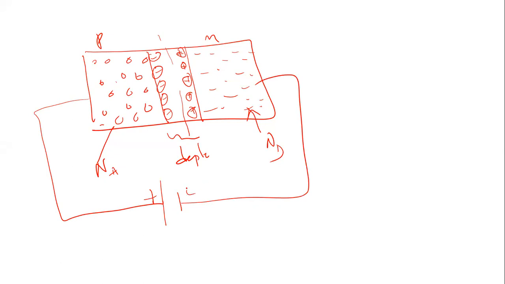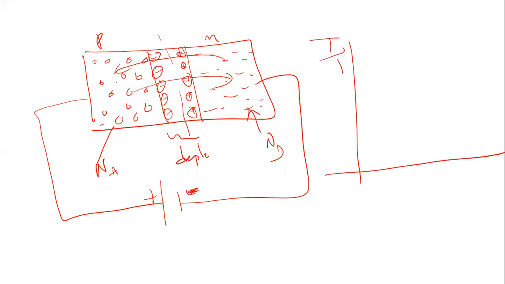Electrons from the N side will gain energy from the negative potential, and the majority free electrons can climb over the potential barrier, and the electrons can go from N side to P side, and holes can go from P side to N side, thereby forming what is called the forward current under forward bias.